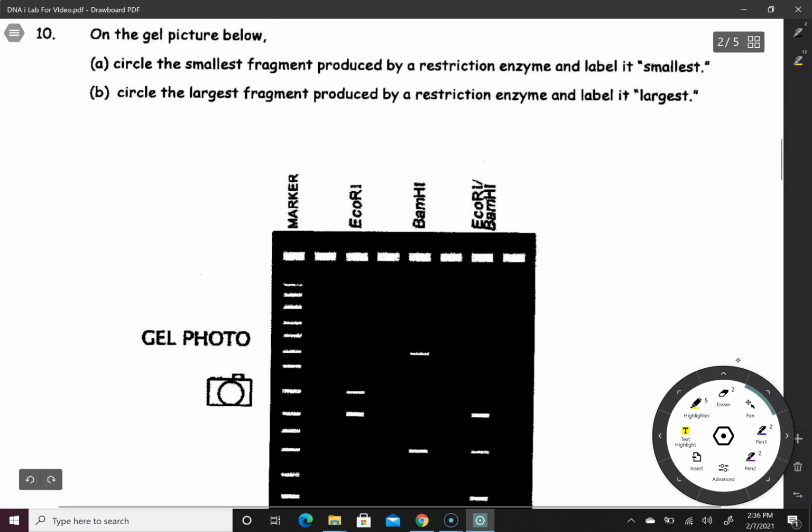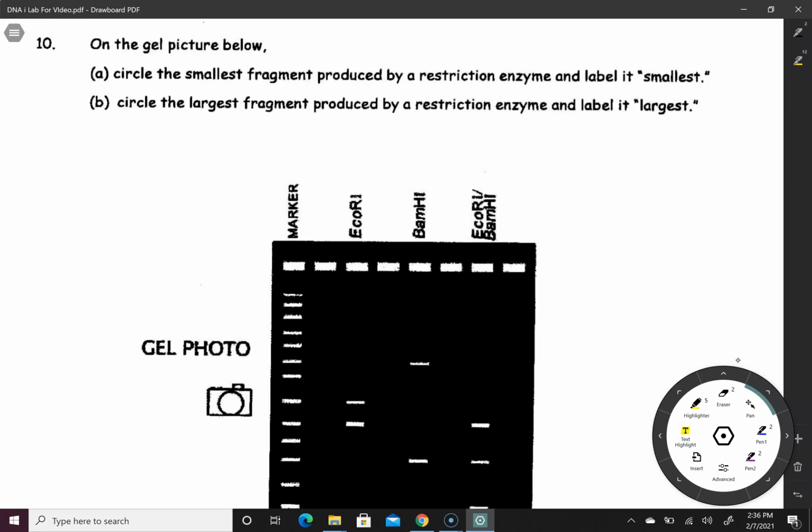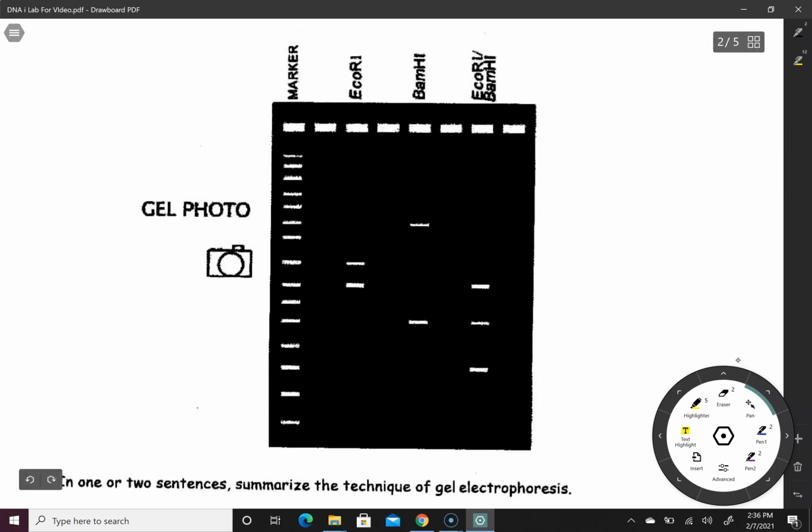So the question here is circle the smallest fragment, circle the largest fragment. If we know that this is gel, which it is, and we know that that's the well, so the well is where we always start. And we remember the rules, smallest goes farthest, the biggest stays back. So it's going to be pretty hard to draw in here, but that is your smallest.